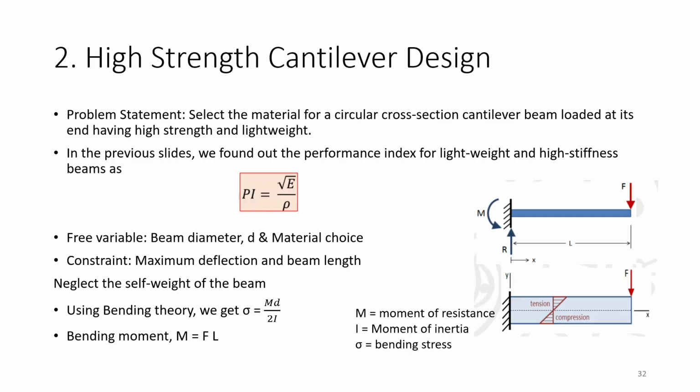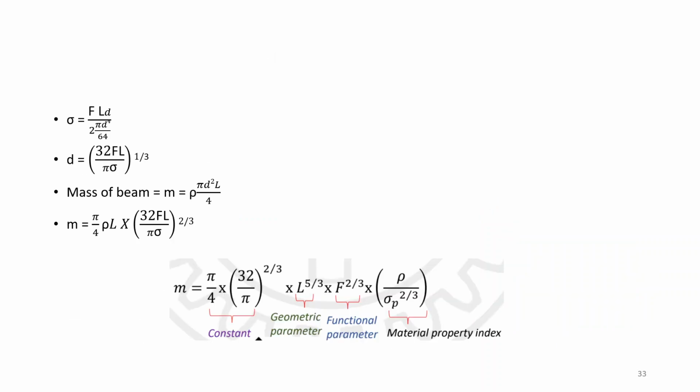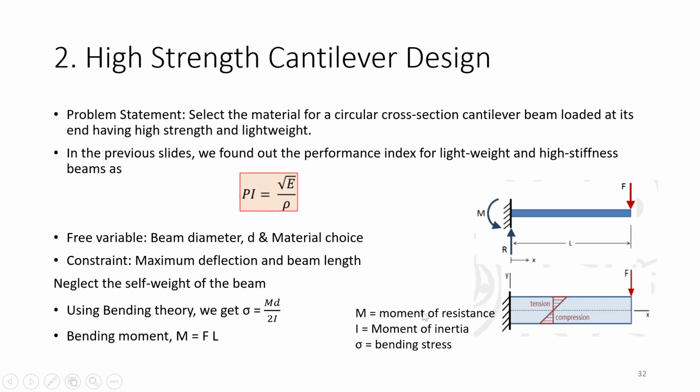Here neglect the self weight of the beam, and using bending theory we get sigma equals M d upon 2I. Bending moment can be given as M equals FL. So using this, sigma will be, here M is moment of resistance, I is moment of inertia, sigma is bending stress.